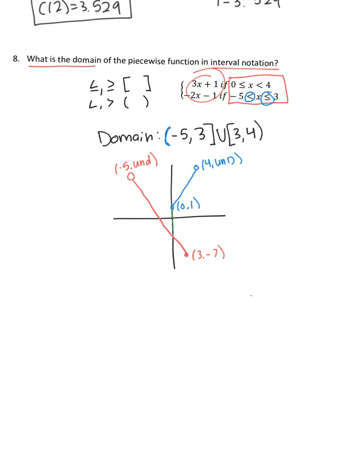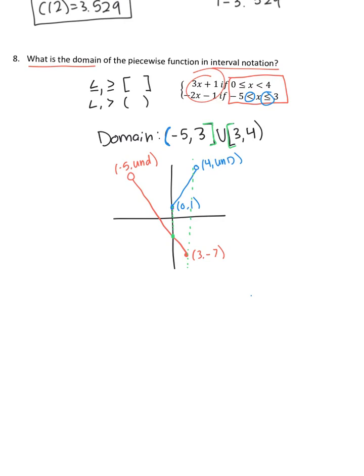But notice that you have a closed circle there and this part of the graph exists. So I'm not going to have a problem at that point. It's just the start of another line, another piece, but there's no issues at that value. The next value I get to is 3, and 3 is defined because I have a closed circle there, so that's why we've got the bracket around the 3.